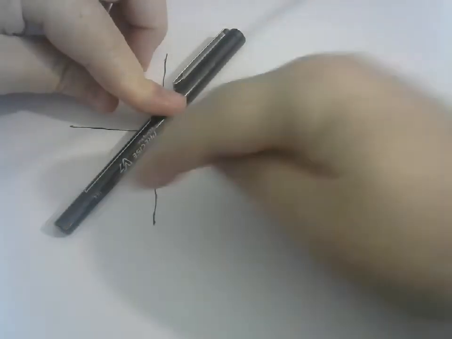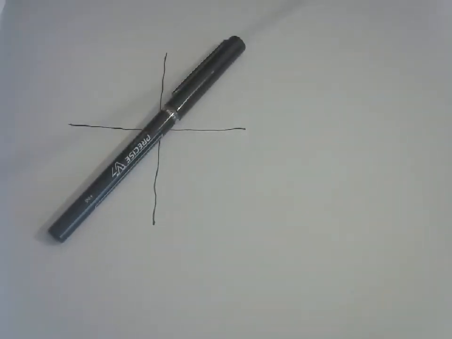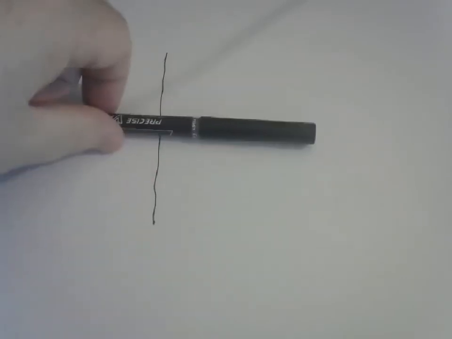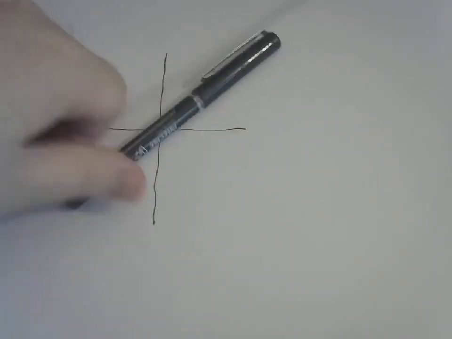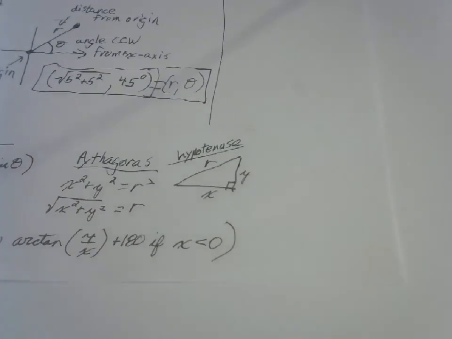So since x is negative over here, we're going to add 180 degrees to it, and we're going to get the correct answer after we add 180 degrees. So that is the way you do it. That is why you add 180 degrees if x is less than 0.